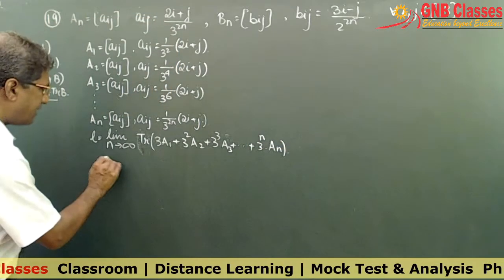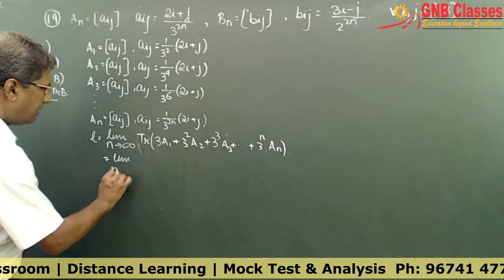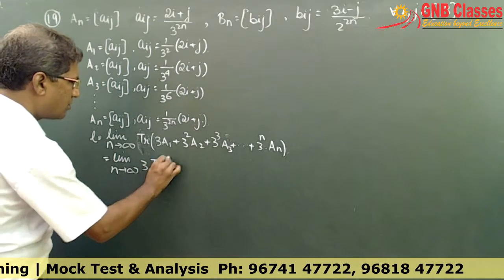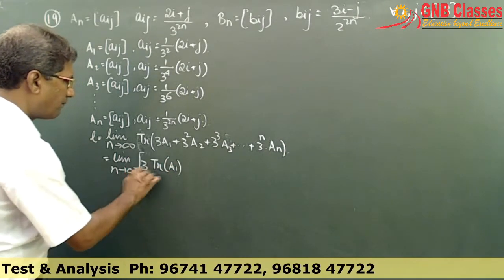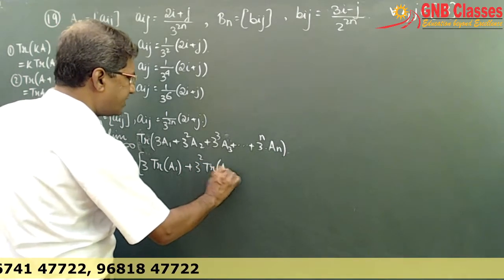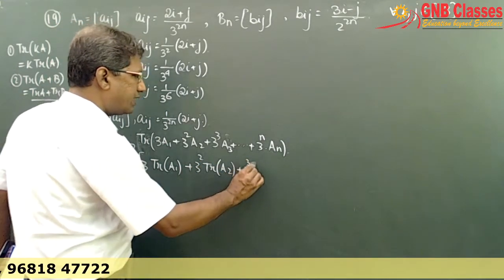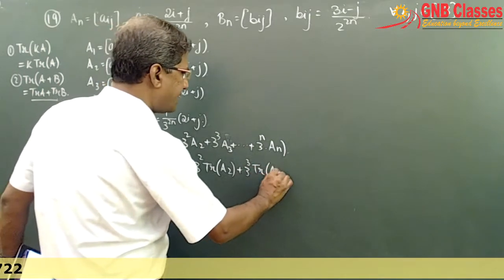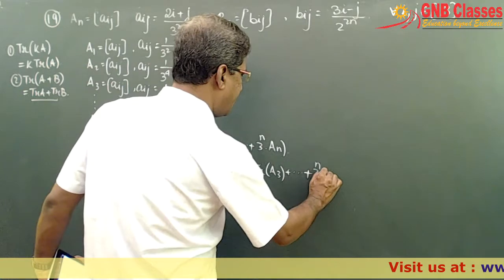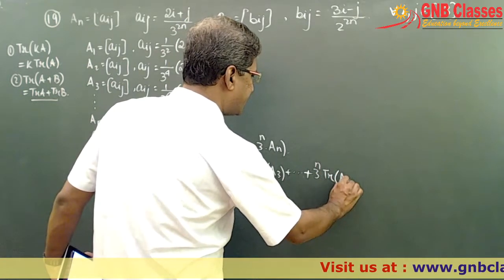Okay, now this can be written as what? Limit n tends to infinity of 3 times trace A1 plus 3 square trace A2 plus 3 cube trace A3, this thing goes on, plus 3 to the power n trace A_n.